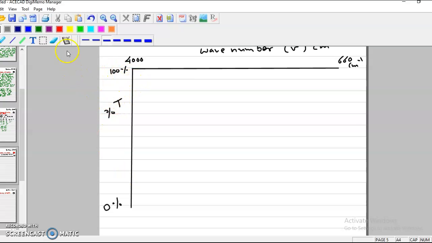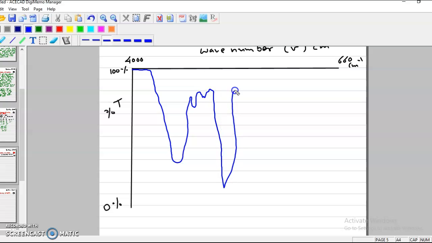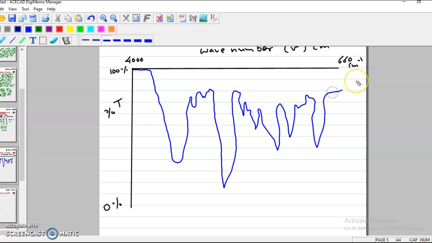And the mode of the graph is like this. You will observe this one. So there are various kinds of bands.